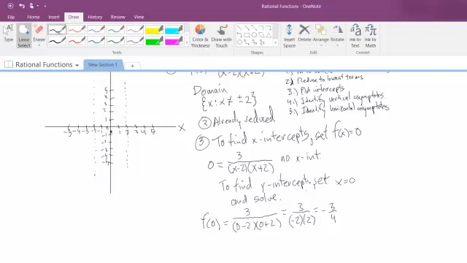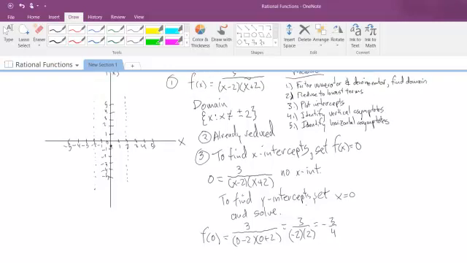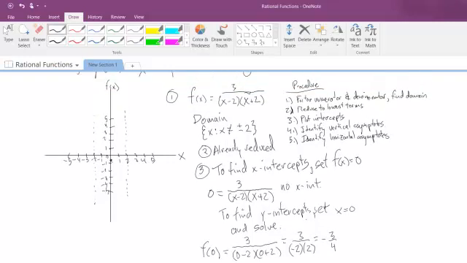Okay, the next thing we need to do is, we've identified the vertical asymptotes, now identifying horizontal asymptotes. Identifying the horizontal asymptote is done by looking at the degree of the numerator and the degree of the denominator.